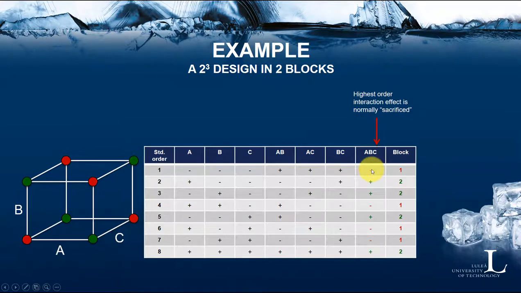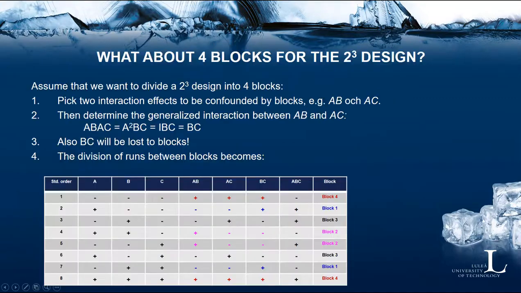When ABC has a minus sign, we allocate, in this case, run number 1 in the standard order to block 1. When we have a plus sign, this is block 2, and so on. So it's quite easy to allocate the blocks when you only have 2 blocks.